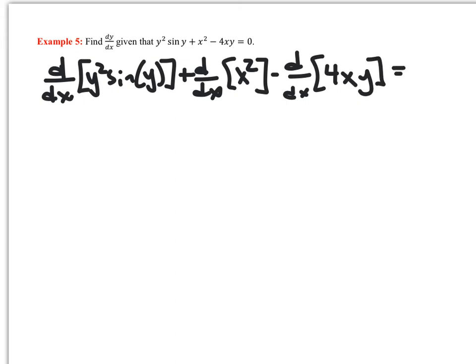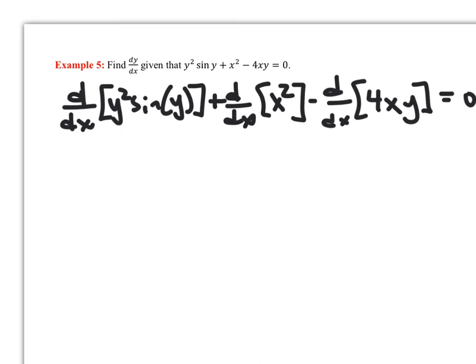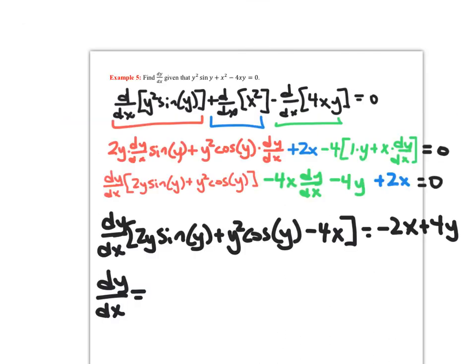And that'll equal 0. Okay, so product rule, chain rule here, we got a lot going on. Let's do this piece. I'm going to go off camera for a moment.